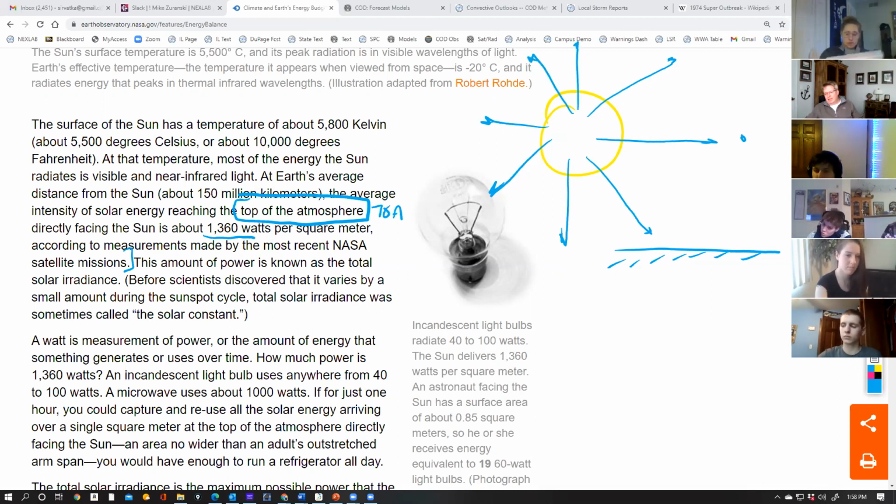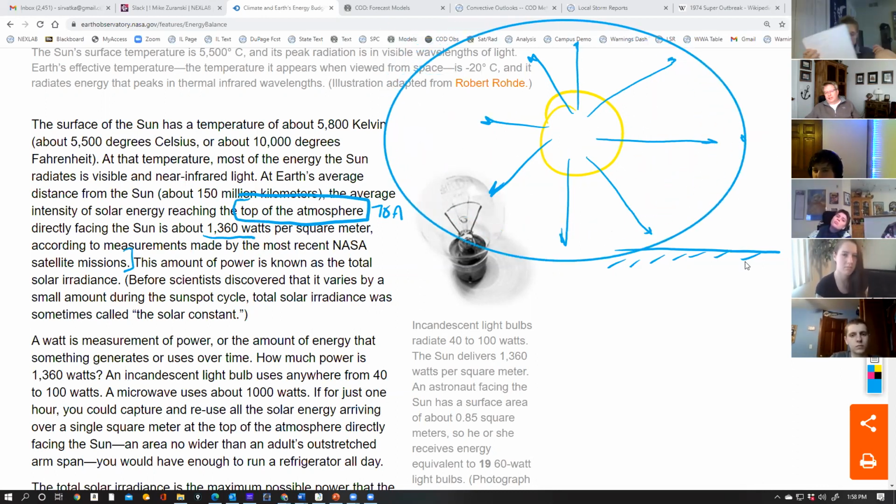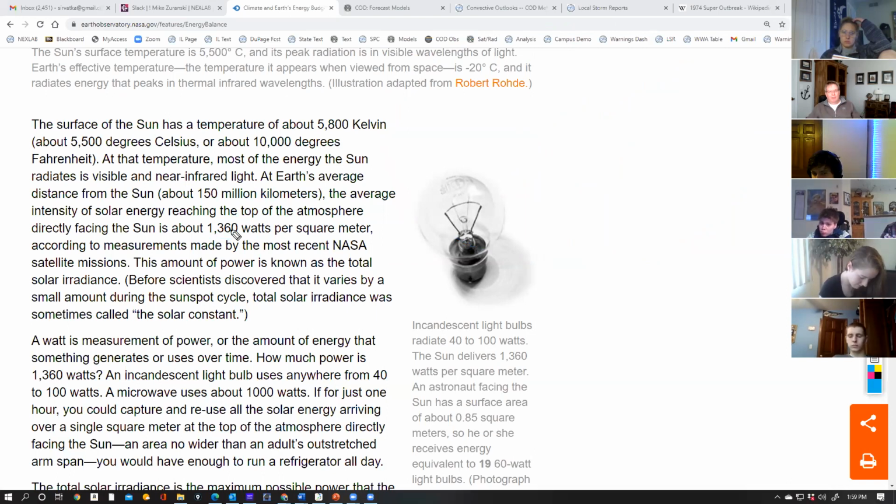So that by the time it gets to the Earth, it's going to be this really huge circle, and then lots of sun energy coming from it. But by the time it gets to the Earth, this energy is less and less intense because it's 93 million miles away. And if I actually put a number, watts, how big is a light bulb? This is a 60 watt light bulb. The sun is a 1,360 watt light bulb per meter squared. That's a lot.